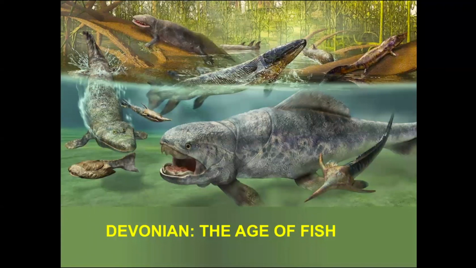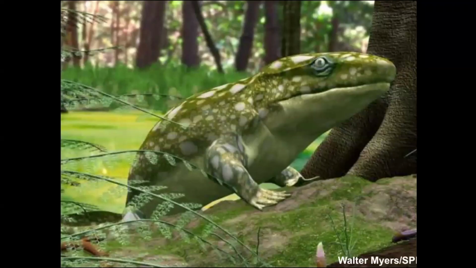Many, many fish in the ocean, and probably enough big predators that one of the ways to survive was to get yourself out of the water. And so we have, during the Devonian, the first animals that come out on shore, large tetrapods, amphibians basically, that crawled out of the water and were still linked to it because they had to leave their eggs there, but they themselves are air-breathing and first land animals.